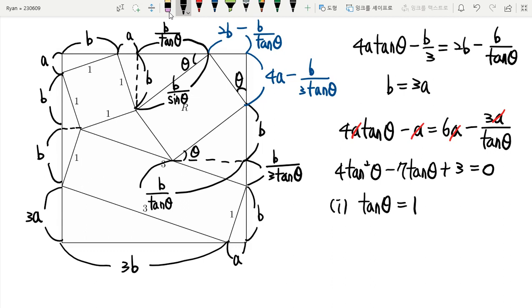When tangent theta is 1, I think this becomes a square. Am I right? When tangent theta is 1, this b and b, so one side length is square root of 2 times b.